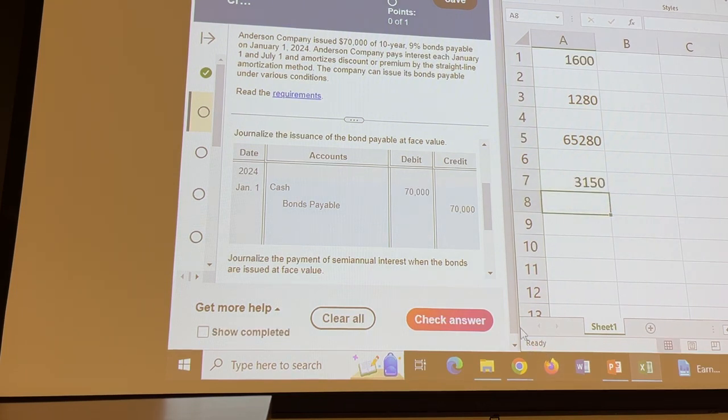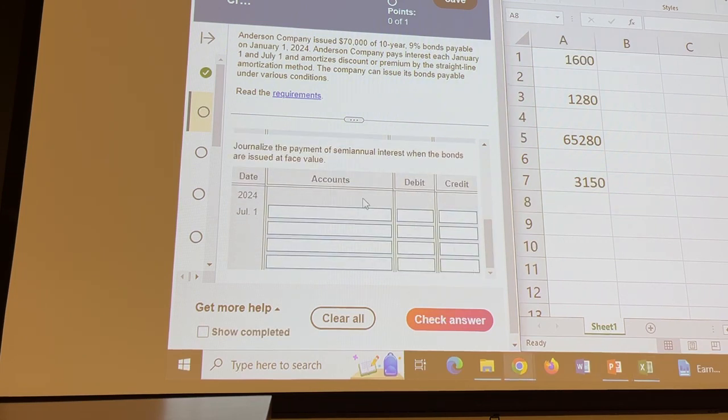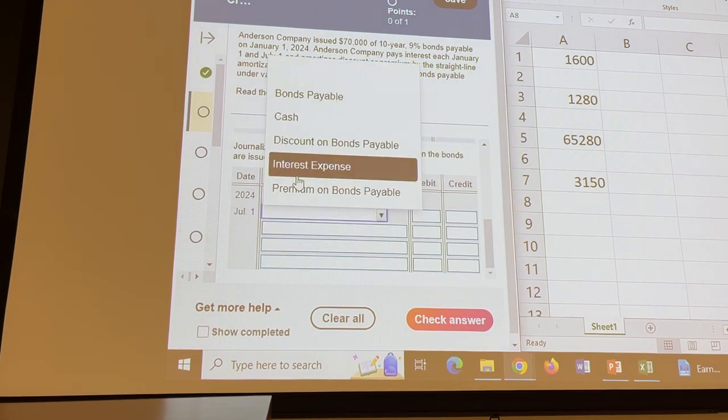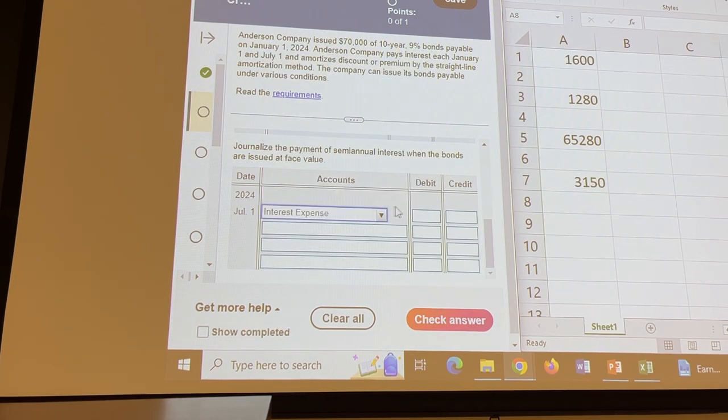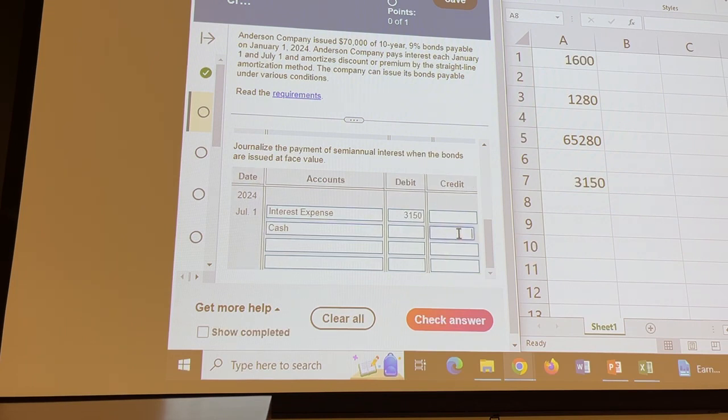So $3,150. So we're going to debit interest expense $3,150. We're going to credit cash $3,150.